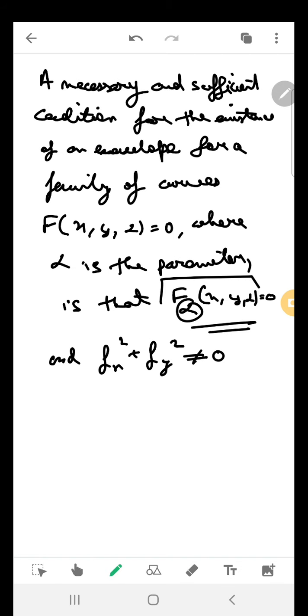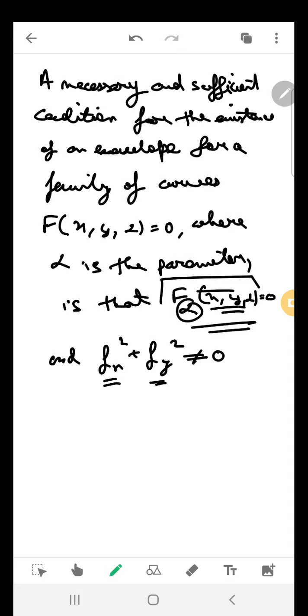What is f_x? This basically means the partial derivative of this family of curves with respect to x, and this f_y means the partial derivative of this family of curves with respect to y. Got it?